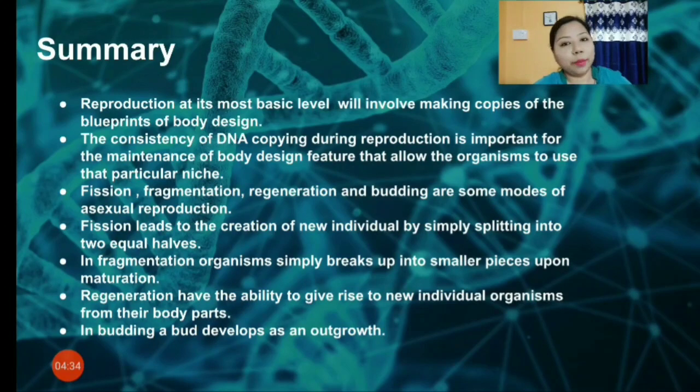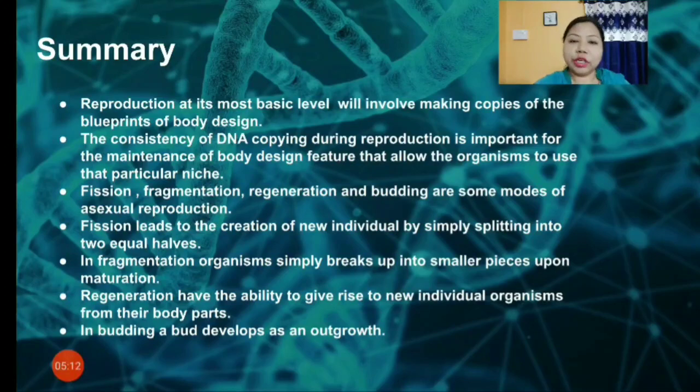Now since we have completed our class for today, let us quickly summarize what we have learned. So in today's class we have learned that reproduction at its most basic level involves making copies of the blueprints of body design. The consistency of DNA copying during reproduction is important for the maintenance of body design features that allow the organisms to use particular niches.